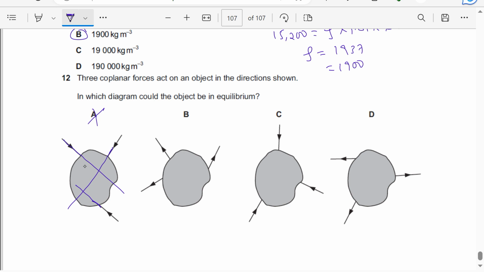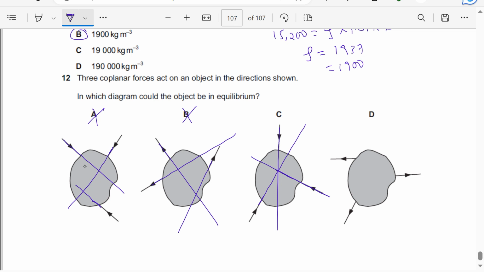If I prolong this one and prolong this one, there's no possibility of these meeting at the same point, so they cannot easily form a closed triangle if we draw them to scale. If we prolong this one, and the vertical one, and this one, they can meet at the same point.